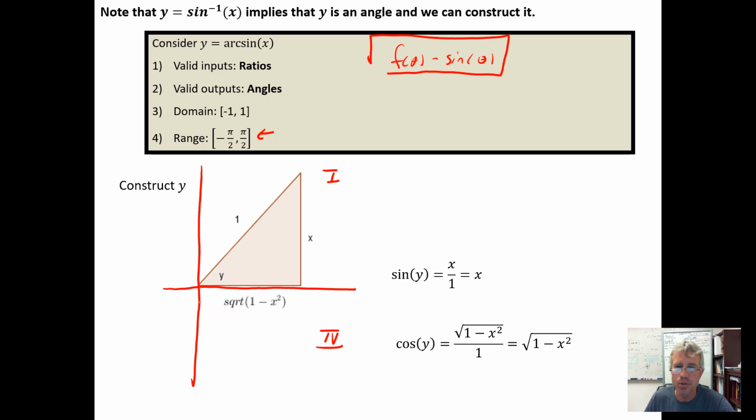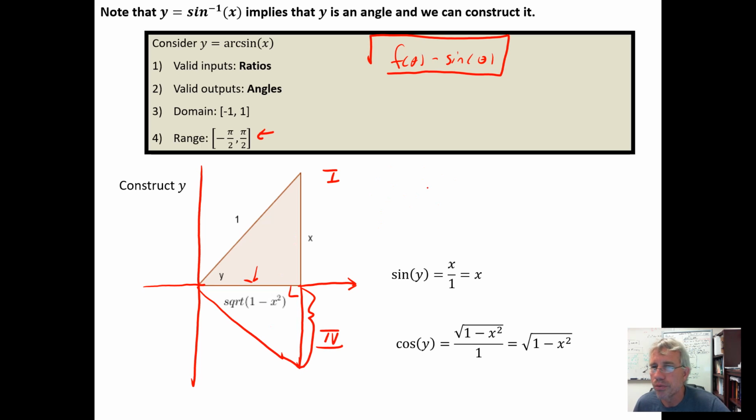This is important because when we construct the triangle, we want to recognize that the base of the triangle will always be positive in those two quadrants, but the height is signed. So if we draw the picture in quadrant 4, we know that this value here is negative. And that's an important consideration to keep in mind.